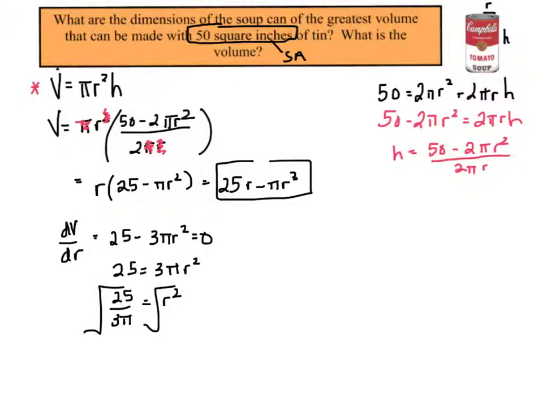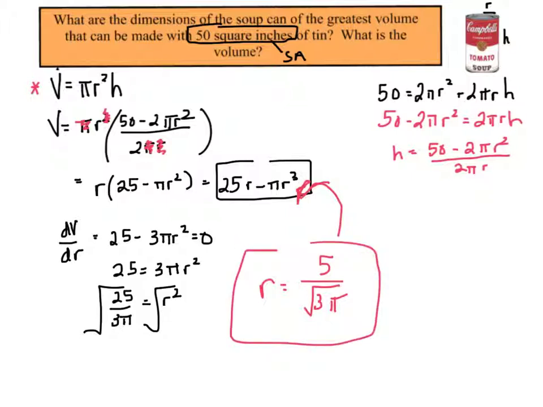Okay, let me do a little simplifying then. r is equal to 5 over the square root of 3 pi. Again, in the interest of time, I'm going to stop. The actual question was, what is the volume? You'd substitute this back in here to get what the volume is. Okay, but that is the radius that would maximize the volume with a set surface area.